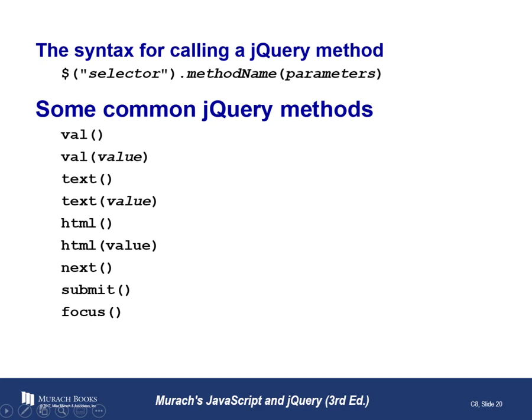Val is for text box and select, the drop down with the select. Remember, the select tag is a drop down list, and text area. Okay, so when you see val without something in the quotes, then it's a read operation.